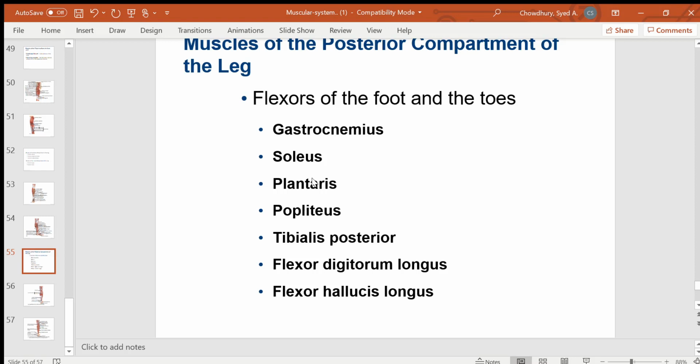So the back of the leg muscles will go to the bottom of the foot and the bottom of the toes. So they will do what? The plantar flexion of the foot and flexion of the toes. The front muscles of the leg will go to the foot to cause the dorsiflexion of the foot and extension of the toes.